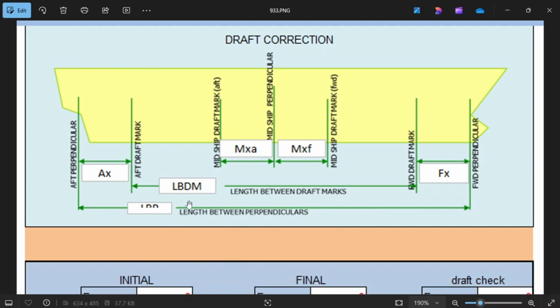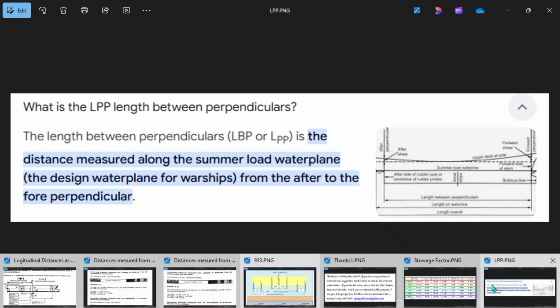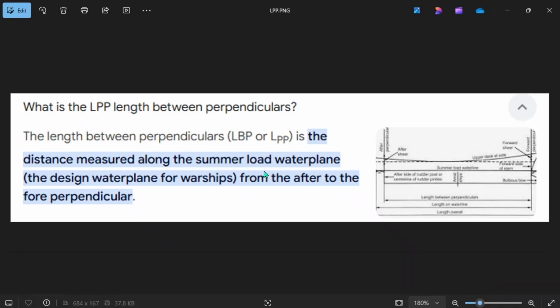So the distance between your aft perpendicular and your forward perpendicular, this arrow along the summer load line, is what you call the LPP, or length between perpendiculars, or LBP. So that is what this explanation says. It is measured along the water line, the summer load water plane.